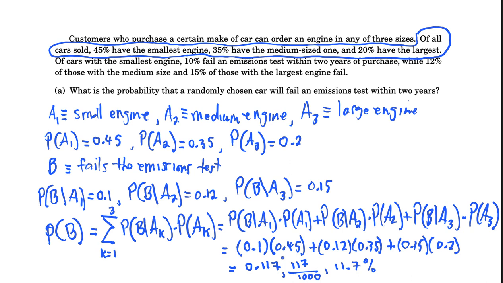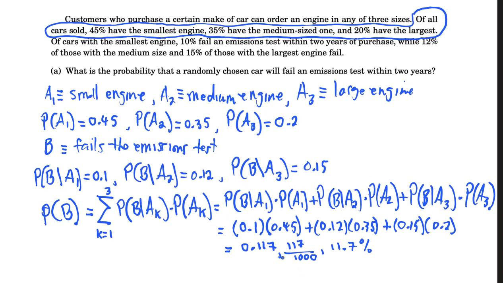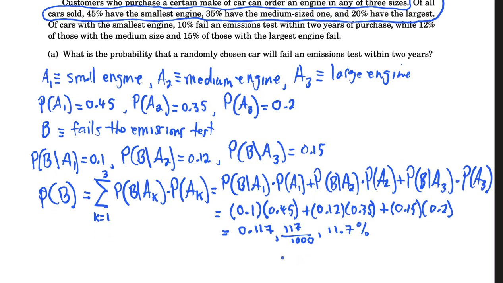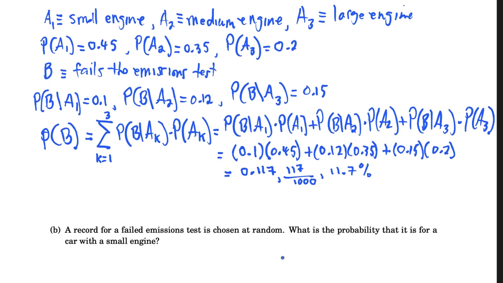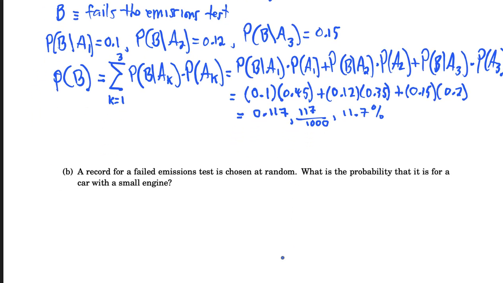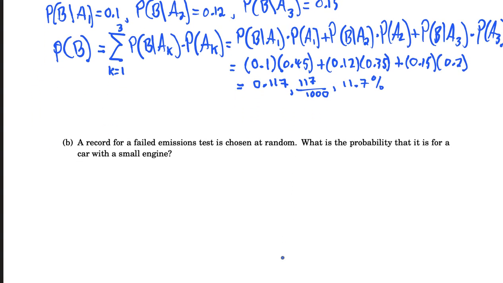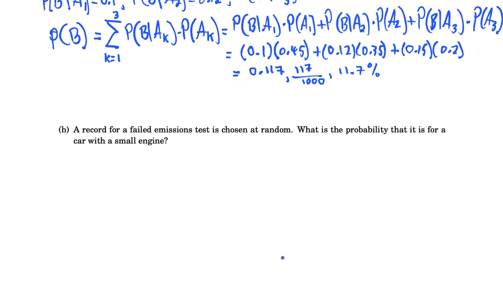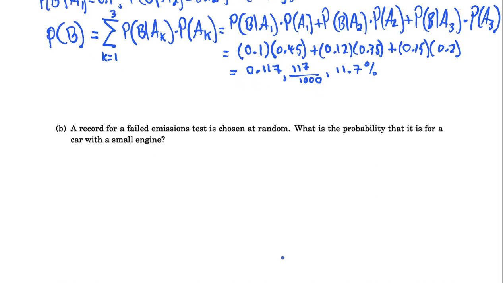Okay, so now let's look at another question. And this one is, okay, a record for a failed emissions test is chosen at random. So in other words, we know that failure has occurred in terms of the emissions test. Now the question is, what is the probability that it is for a car with a small engine, right?